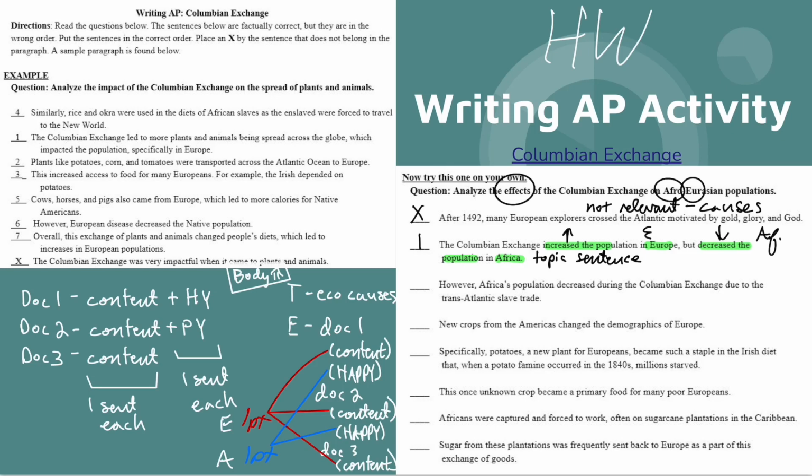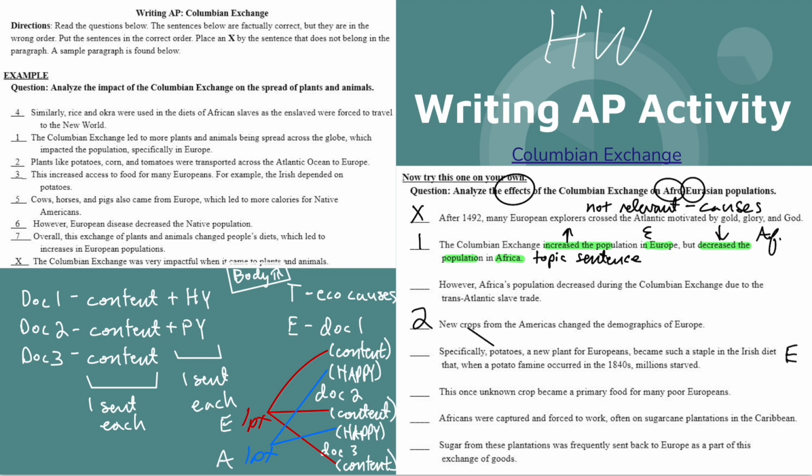So first, we start off with Europe. How did it increase the population? Well, new crops from the Americas changed the population demographics of Europe. Then we have to give it evidence of what those crops were. Potatoes, a new plant for Europeans, became a staple in the Irish diet.